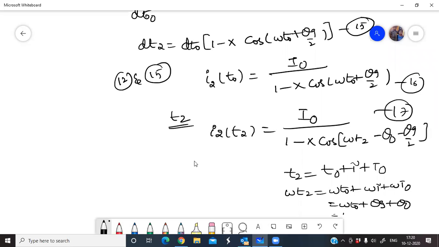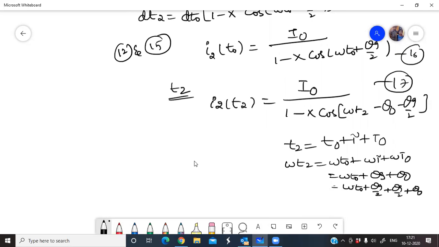And from this you can write omega T naught plus theta Z by 2 plus theta naught. What is our requirement actually? Look at equation number 16, omega T naught plus theta Z by 2. So omega T naught plus theta Z by 2 equals omega T2 minus theta Z by 2 minus theta naught. That's what I am writing here. Look at equation number 17, omega T2 minus theta naught minus theta Z by 2. This is equation number 17.